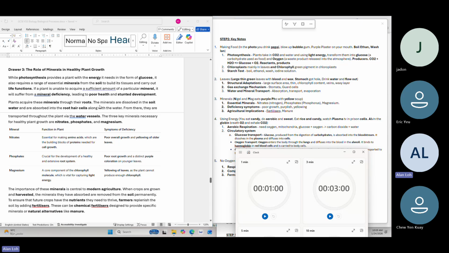Okay, drawer number 3. This small part here, I also give you 2 minutes. Let's start now. 1 more minute.